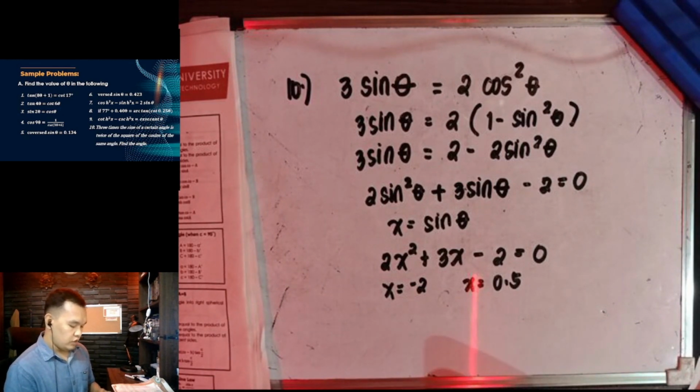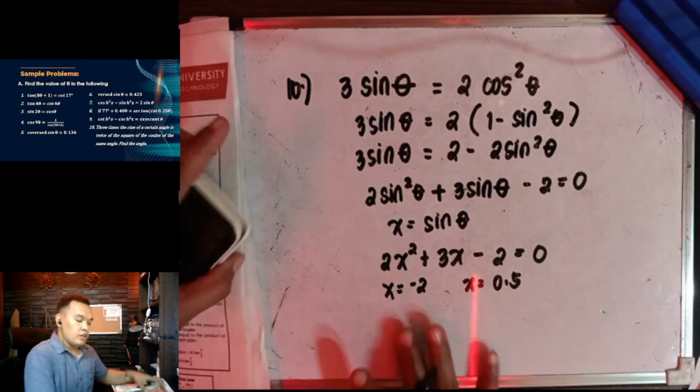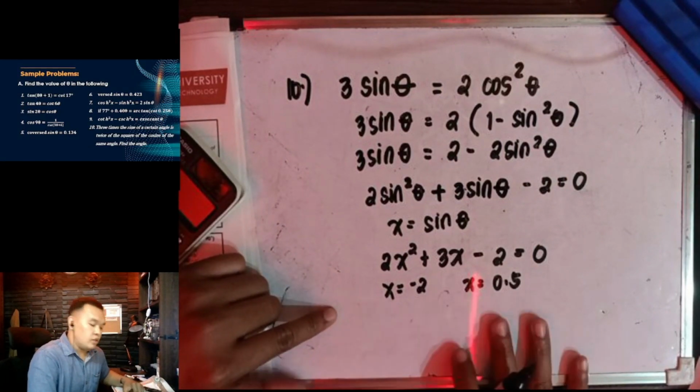Simultaneous equation, we have two equations, polynomials. So, lalabas negative 2 and 0.5 yung roots natin, no? Okay, balik tayo. So, we have negative 2 and 0.5 roots.